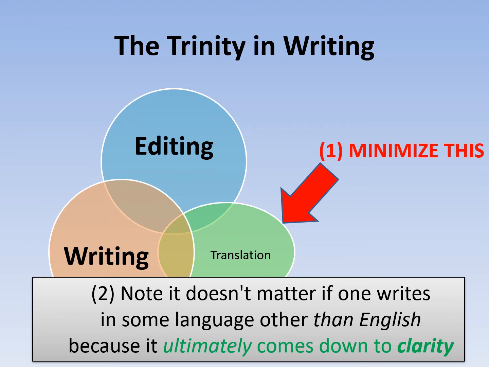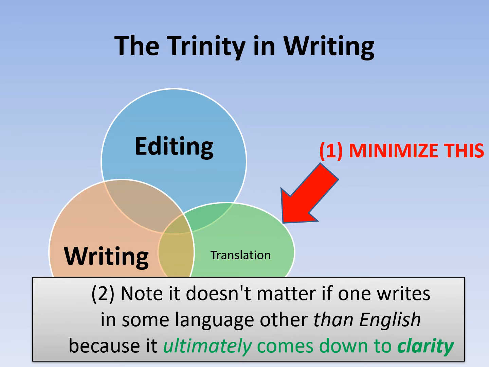But on the other hand, it doesn't really matter if you are writing science in some other language, it ultimately comes down to clarity. If you're writing a scientific paper, it doesn't matter if it's written in English or some other language, as long as it is written clearly enough that others can understand your story, and then that's fine.